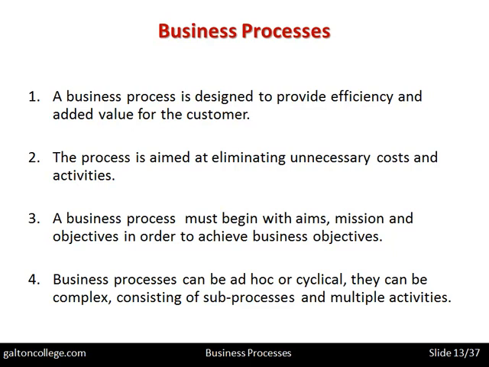Business processes can be ad hoc or cyclical. They can be complex, consisting of sub-processes and multiple activities. So business processes can come in all forms and shapes. They could be ad hoc. The business process could be designed as a one-off.